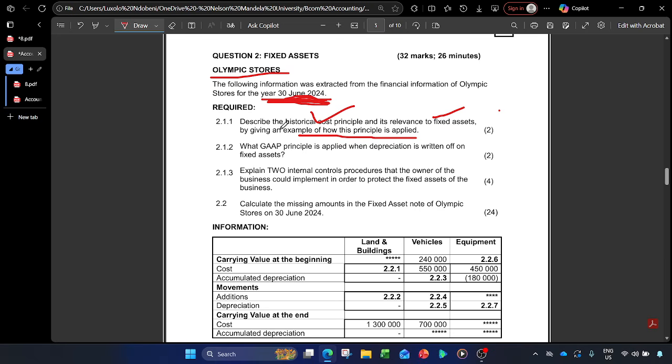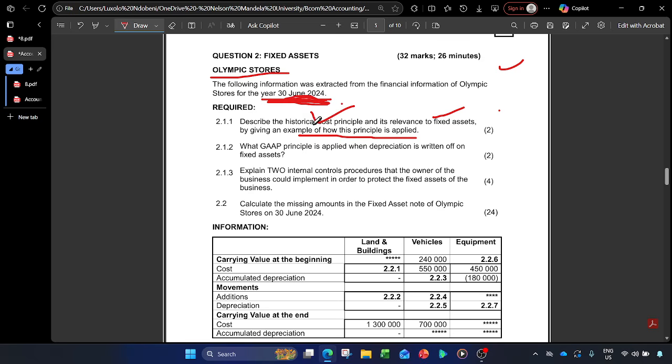So they will always ask you about the principles. It's very important to know the principles, because they apply in the income statement, in all of the accounting information, accounting records, and disclosure. We often rely on the GAAP principles, because they are the ones that guide the accountants on how to record their financial information, right?